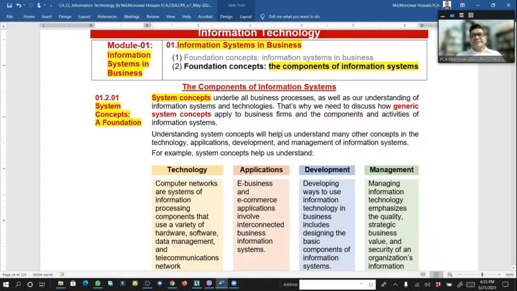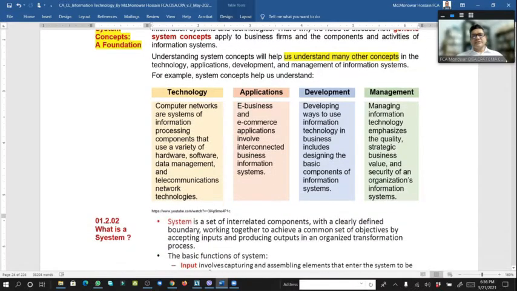Understanding system concept will help us to understand many other concepts in the technology, application, development, and management of information system. A system concept helps us to understand: number one, technology; then applications and development; finally, management.